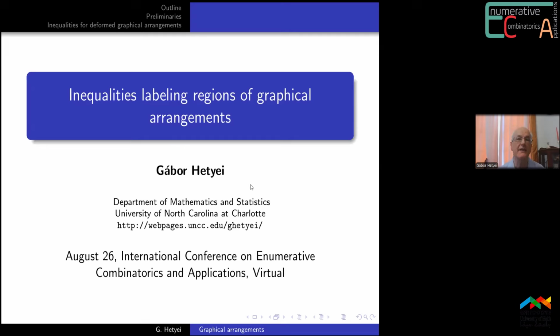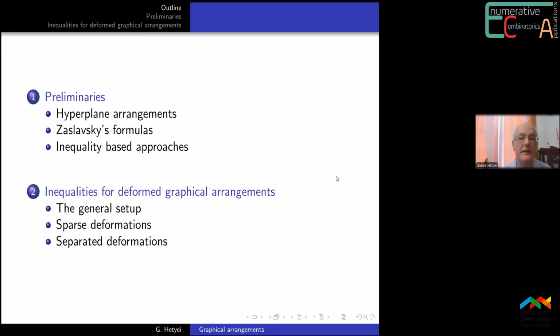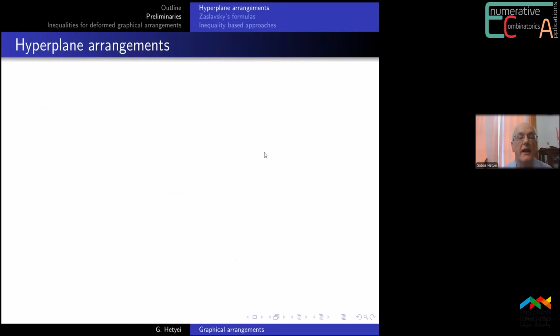The slides give you formulas, visual information, complicated definitions, and I will try to just highlight the main ideas. In this spirit, I think I will skip this outline slide because it's very rudimentary.